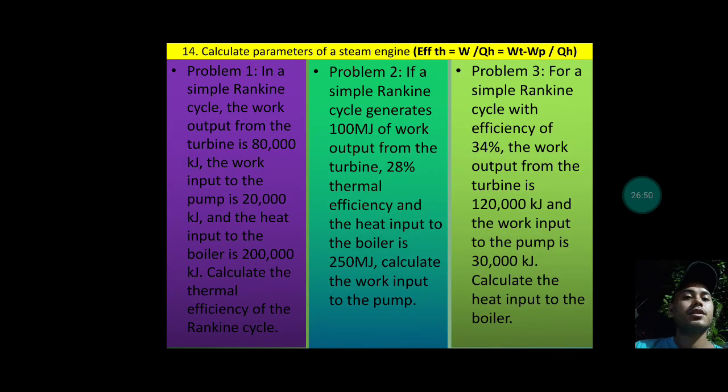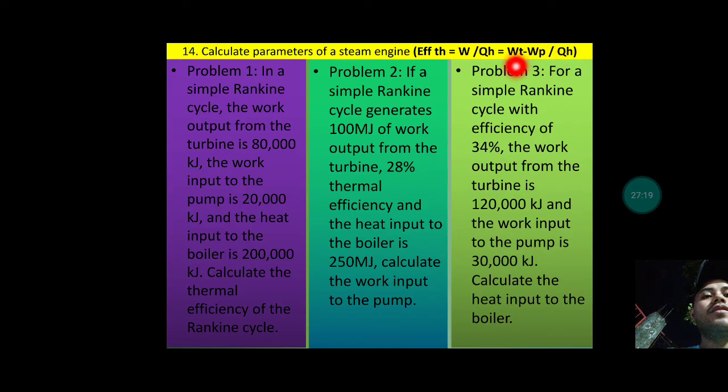Okay. We have problem number 1. In a simple Rankine cycle, the work output of the turbine is 80,000 kilojoules. The work input to the pump is 2,000 kilojoules, and the heat input to the boiler is 200,000 kilojoules. Calculate the thermal efficiency of the Rankine cycle. The formula is thermal efficiency equals the work of the turbine minus the work of the pump over QH.